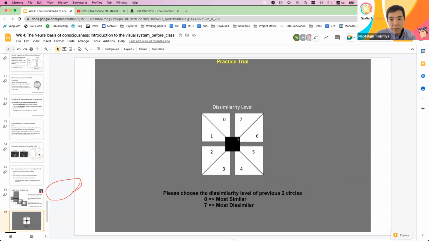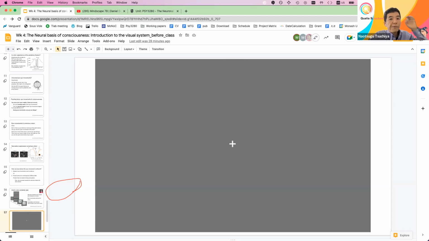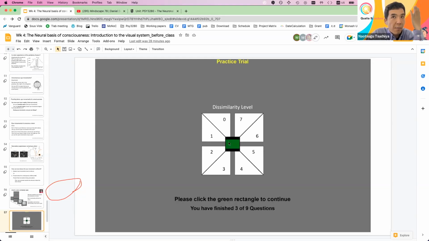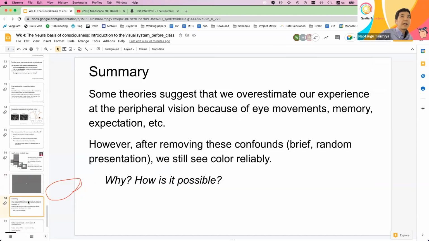All right, yeah. Then the idea is that if our conscious experience of the color is based on expectation, memory, or eye movements, we should not be able to do this task. However, what Ariel found was the following.